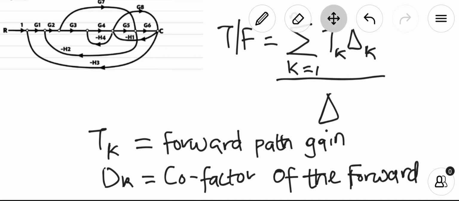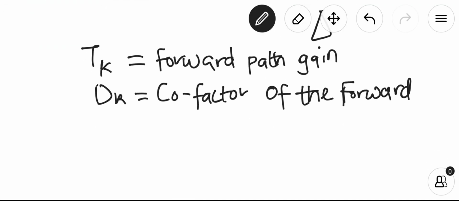I'm just calling it d here, but this is delta subscript k. Delta without the subscript is the determinant.